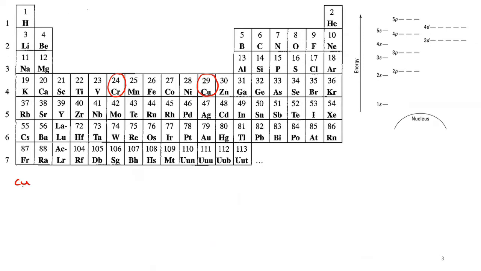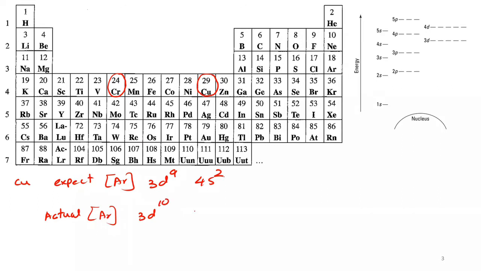Now in copper as well, you would expect argon 3d9, 4s2, but our actual configuration is 3d10, 4s1.